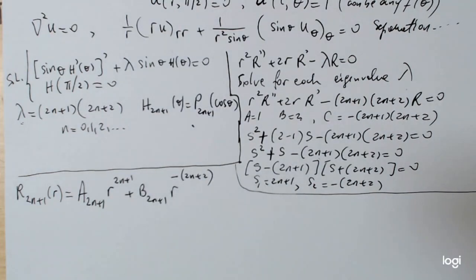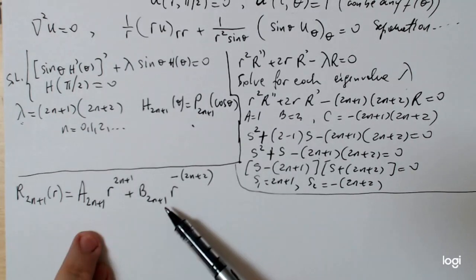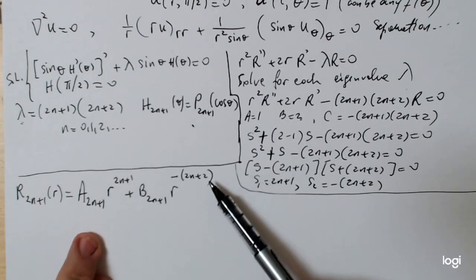Notice all the indexes, I call them 2n plus 1 because you go through only the odd coefficients all the time. So that's the solution for r for each lambda.